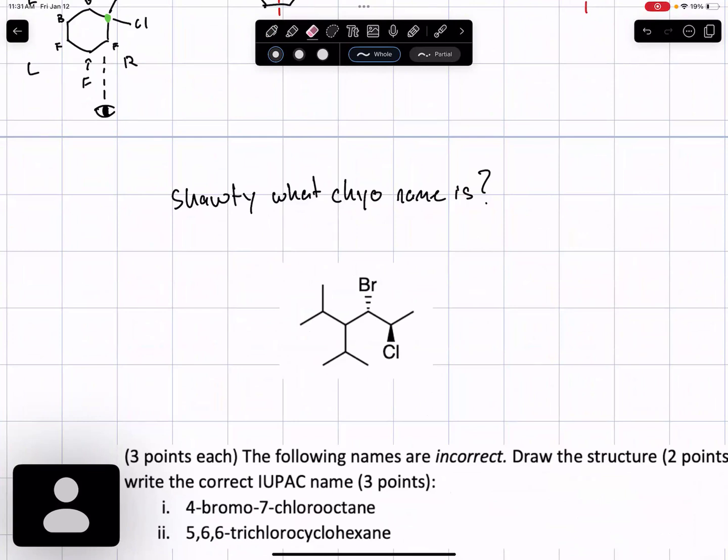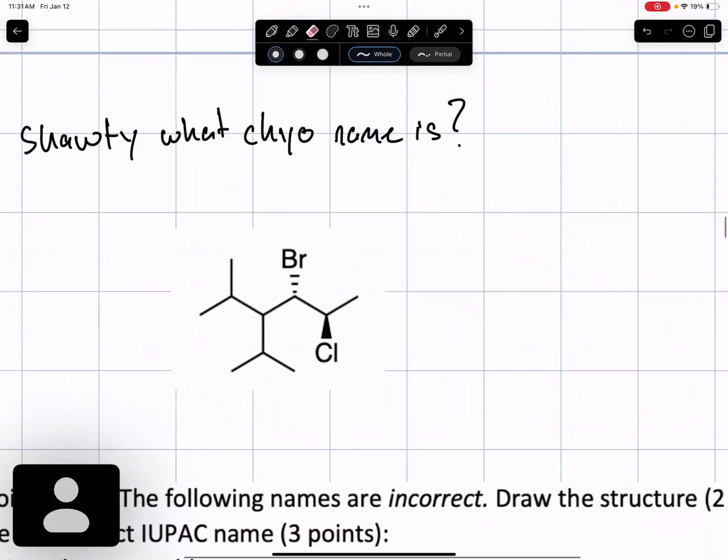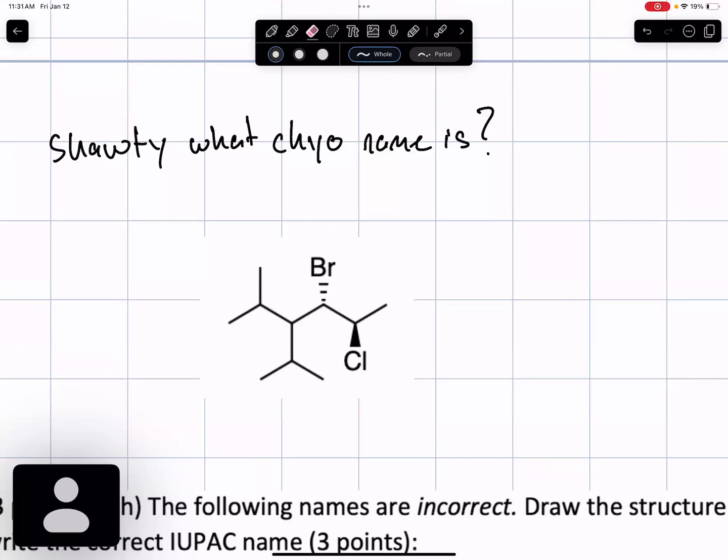How do we start naming this? How would we go about naming this? Anybody at all? Did you identify the parent chain?